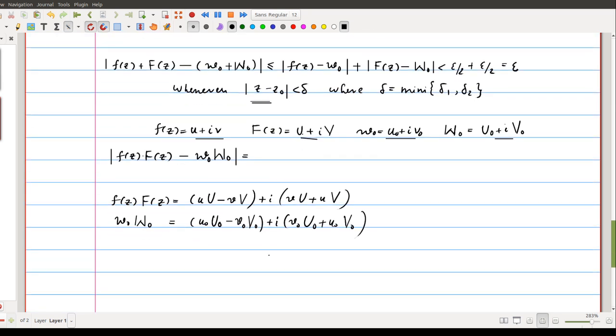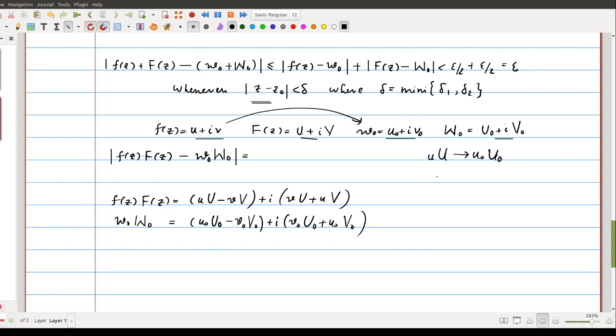Then we know that since f(z) tends to omega naught, this means u tends to u naught and v tends to v naught. So we know that the product small u capital U tends to small u naught capital U naught, because small u tends to u naught and capital U tends to capital U naught.